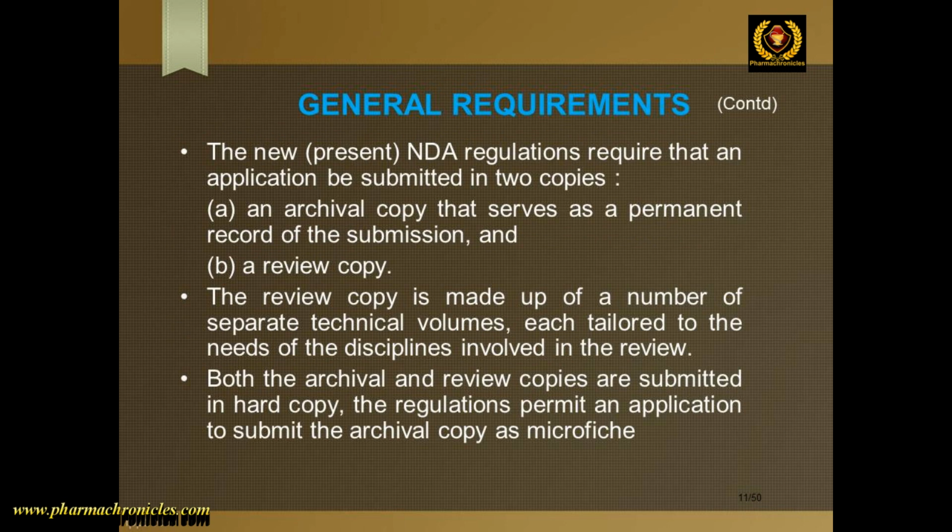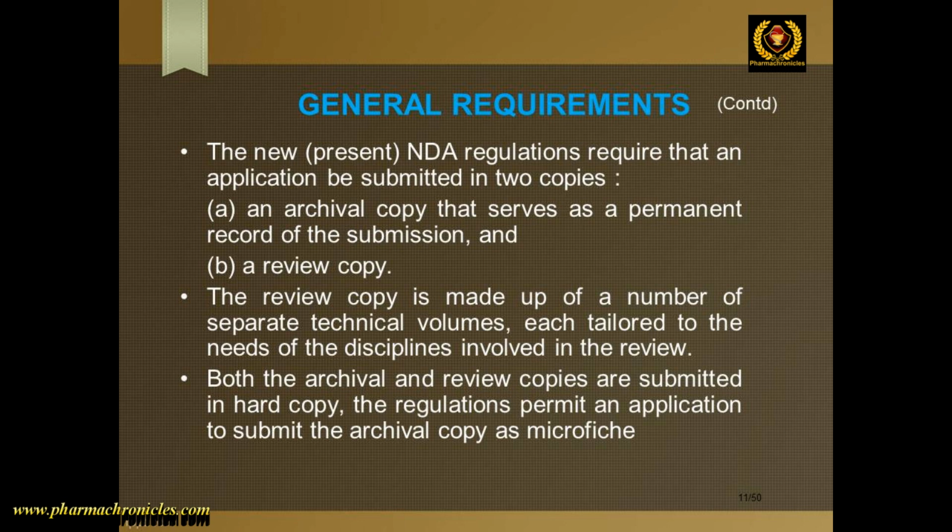The present NDA regulations require that an application be submitted in 2 copies. A. An archival copy that serves as a permanent record of the submission, and B. A review copy. The review copy is made up of a number of separate technical volumes, each tailored to the needs of the disciplines involved in the review.